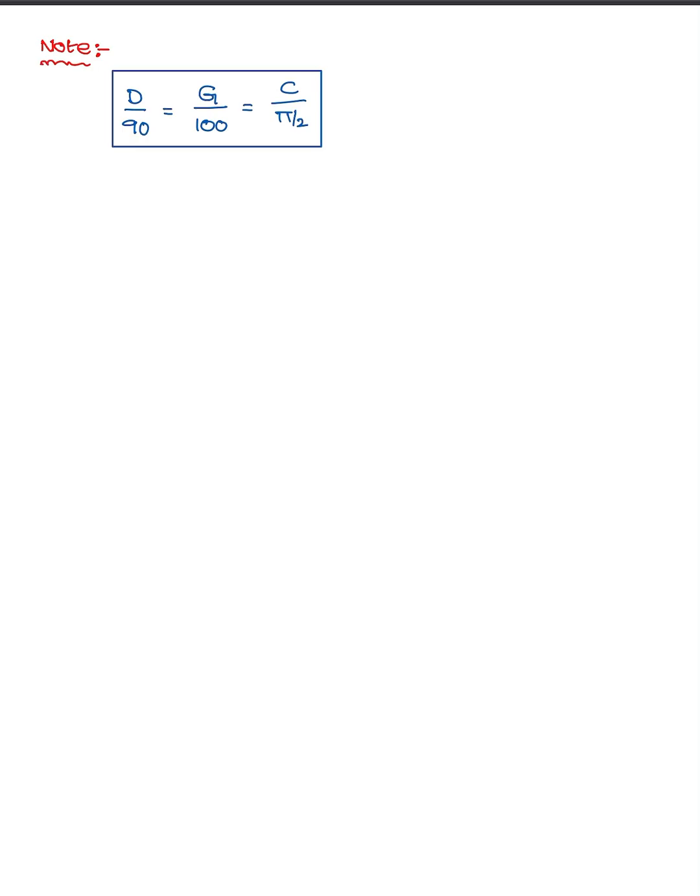For that I will take 2 examples. First example is converting degree measure to circular. Convert 60 degrees to circular measure. If you remember this one formula, you can convert it very easily. Degree measure is given, that means D value is given as 60.